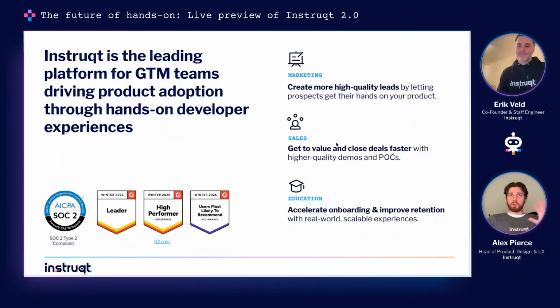Instruqt started in the education space, helping customers drive adoption and improve onboarding, but it's become an incredibly valuable tool at every stage in the buying journey. From marketing, who can use it to generate more leads and qualify those leads, to sales and pre-sales, who can use it to shorten the sales cycle and the amount of effort they need to put in to prove value of their product. And then, as I said, education that improves adoption and retention.